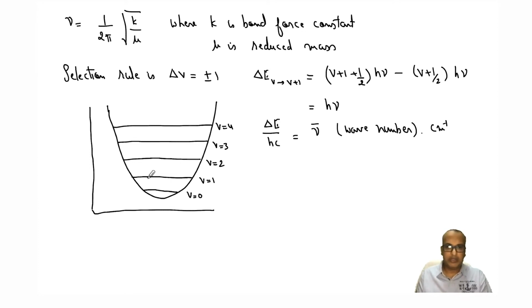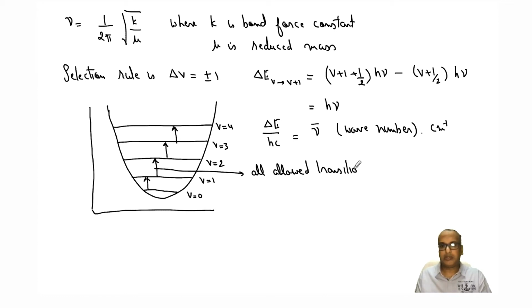Now the transitions which are possible are v equal to 0 to 1, 1 to 2, 2 to 3, 3 to 4. These are all allowed transitions. So I will write down here all allowed transitions.